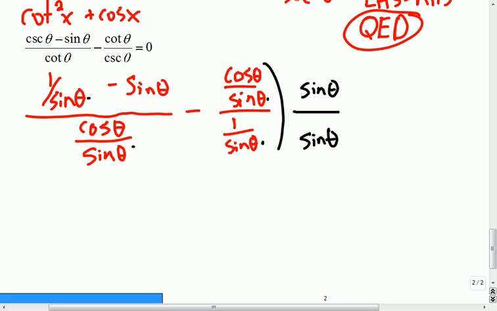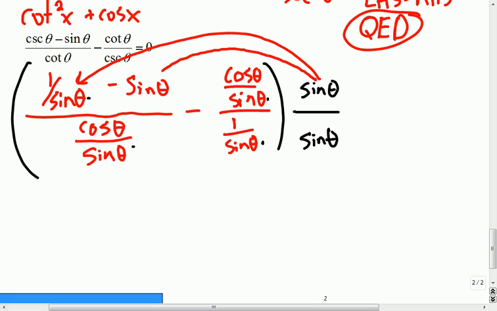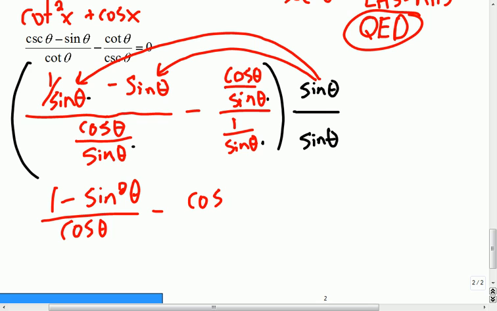If I do that, then all those fractions would disappear into nice fractions, ones where there's only one line in the picture. So again, if I was to multiply sine theta onto each piece, the top would become 1 minus sine squared theta. The denominator would be cosine, and on this side, it would be minus cos theta over 1. So can you think of anything else that I could do?